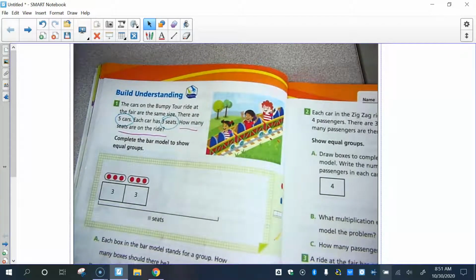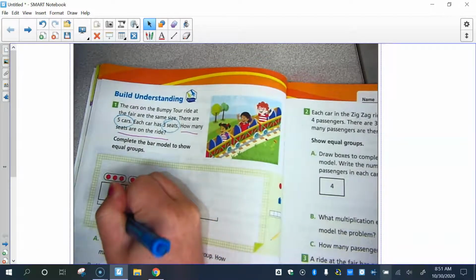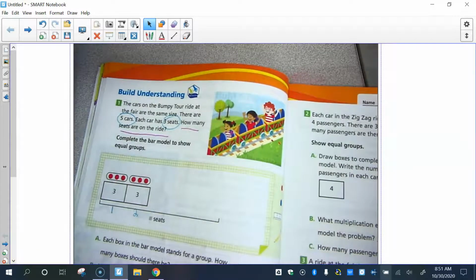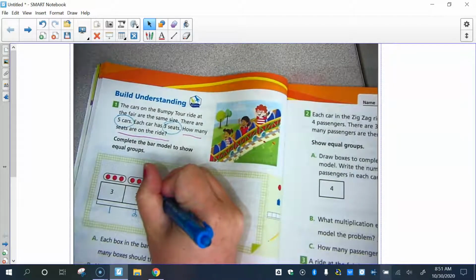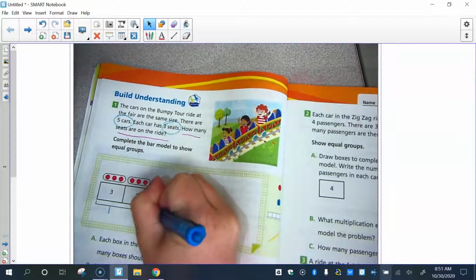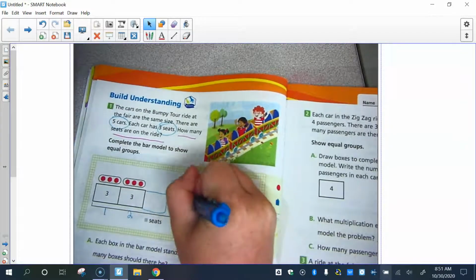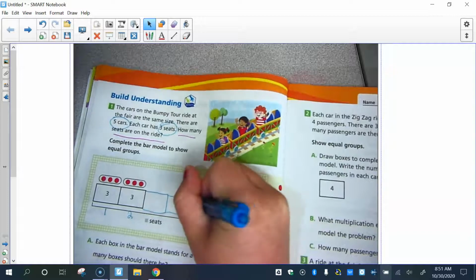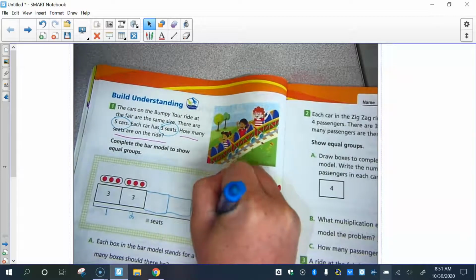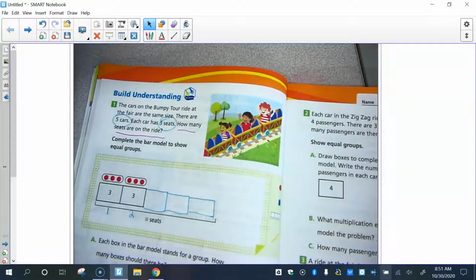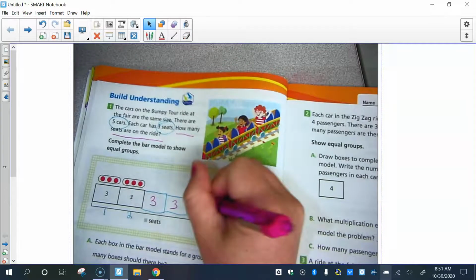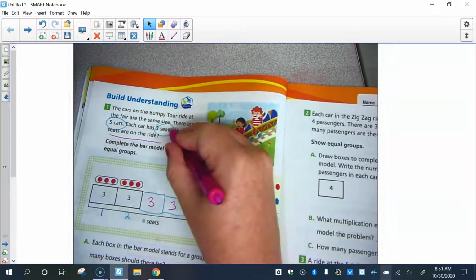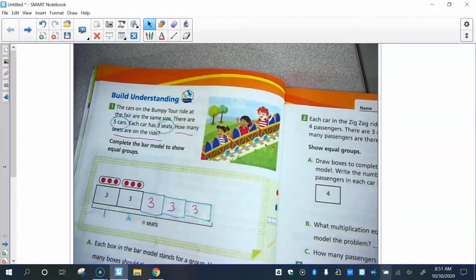So we know it has 5 cars, so it's already given us 1, 2. We need to make 3 more to make 5 cars total. So let's add on. 1, 2, 3. And go ahead and model it like they did. 3, 3, 3 because there's 3 seats in each car.